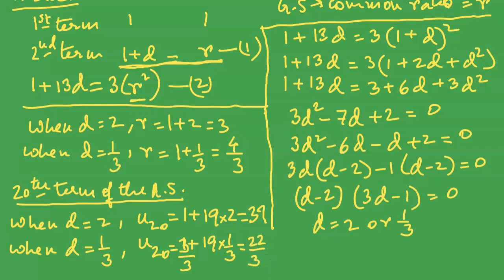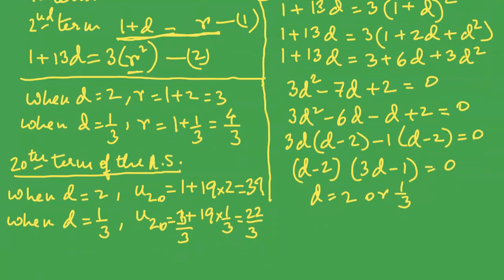Okay, so this is equal to 7 and 1 over 3. So this is the 20th term of the arithmetic sequence. When d is equal to 2, the 20th term is equal to 39, and when d is equal to 1 over 3, the 20th term is equal to 7 and 1 over 3.